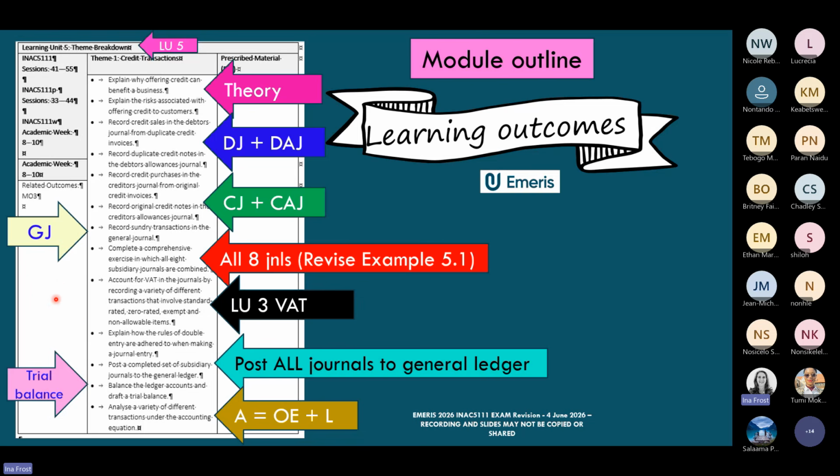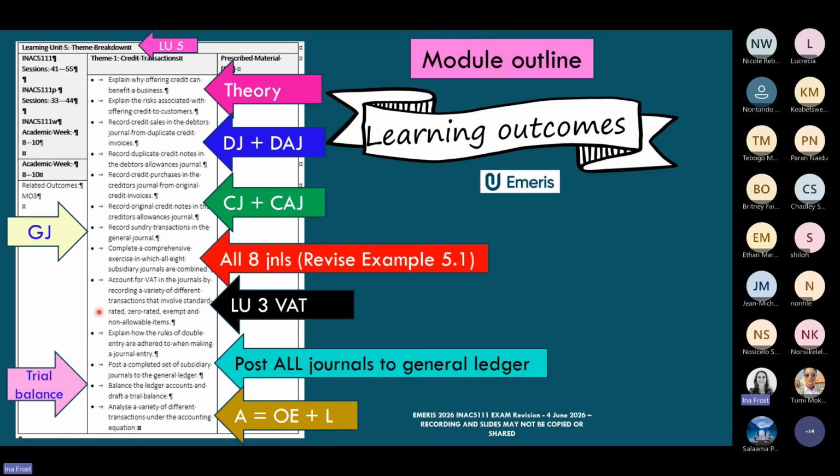Remember, Learning Unit number 3 also fits into Learning Units 4 and 5. So you have to remember how to do your VAT calculations, how to do your markup calculations. You have to remember, is this particular item zero rated? Is it non-allowable? Is it exempt?